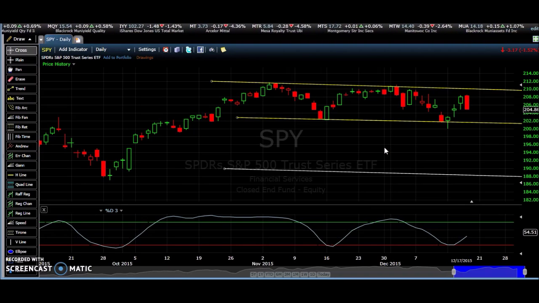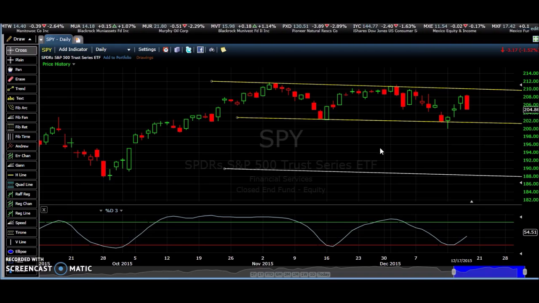The SPY is a fund or a group of stocks that closely corresponds to the price of the S&P 500 index. If you were to trade the S&P 500 index, that would become very expensive.